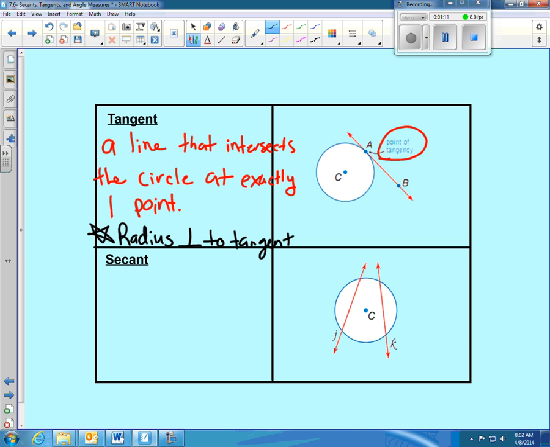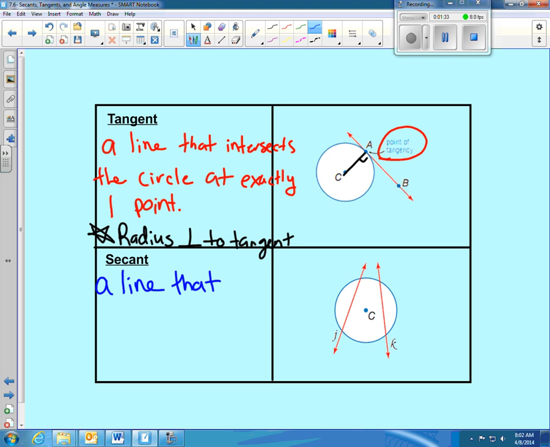So if we draw that in our picture here, perpendicular. If you have a line that's a radius that's perpendicular to a line that touches one place, that's considered a tangent. Okay, so we're going to introduce ourselves to a secant today. A secant is a line that intersects a circle at exactly 2 points.